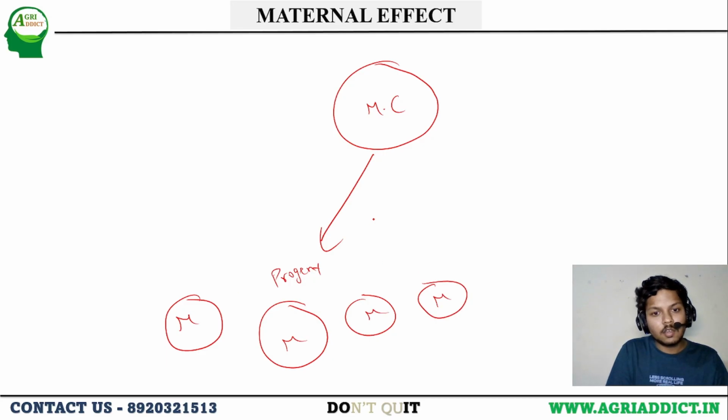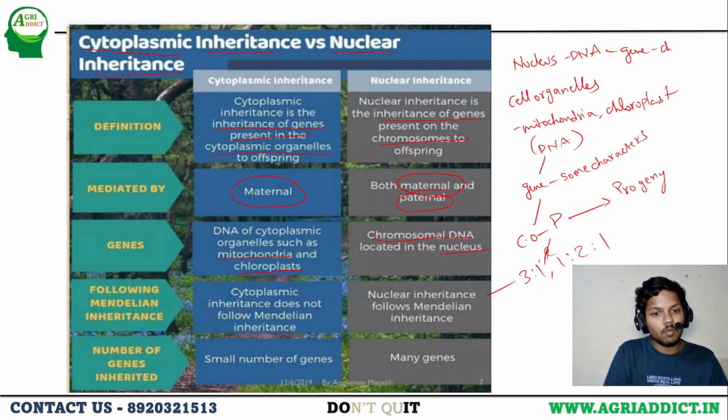In which condition? In the cytoplasmic inheritance condition. But what is Mendel's law? Both the mother's and father's conditions should be expressed in the progeny. Then we call it Mendelian inheritance. But here only the maternal characters are expressed. So this won't follow Mendelian inheritance.